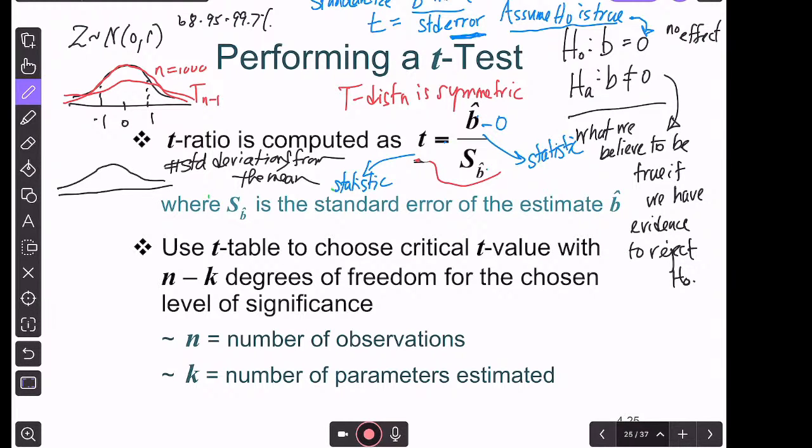And when it comes to the t-distribution, or any distribution, because distributions are different, we estimate the chance.